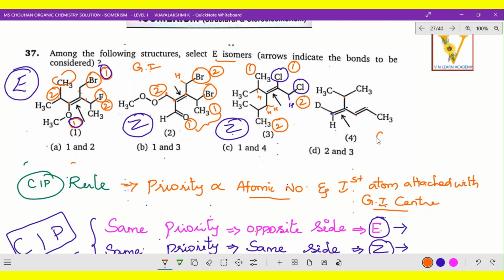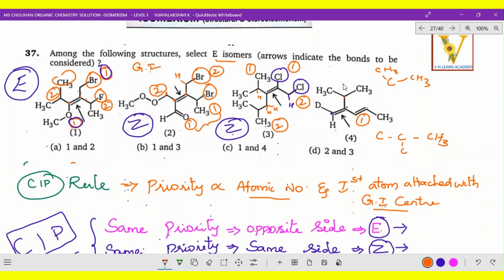Double bond means here carbon is connected to another carbon, and here another carbon, here CH3. But here one carbon is connected with CH3 and here CH3. So that means you will give the priority here first, because with the double bond two carbons are available, whereas here in that one carbon two carbons are available.